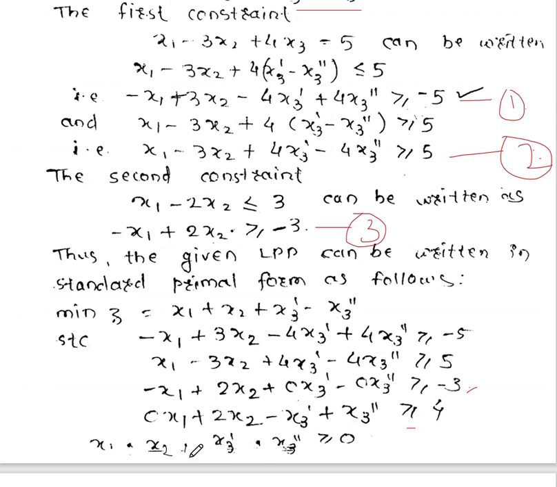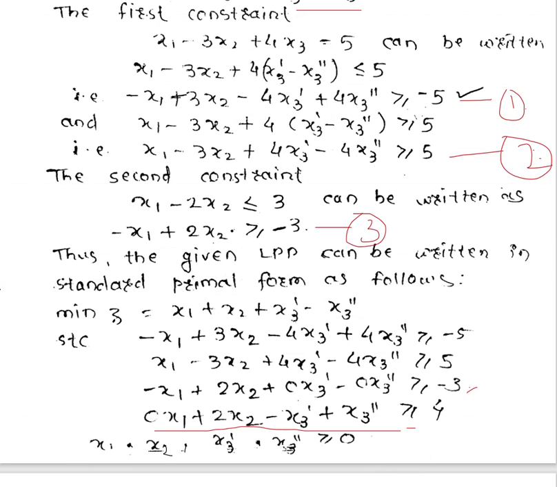So there is no need to multiply by -1. Here x1, x2, x3' and x3'' are ≥ 0. So this is the primal standard form of the given LPP.